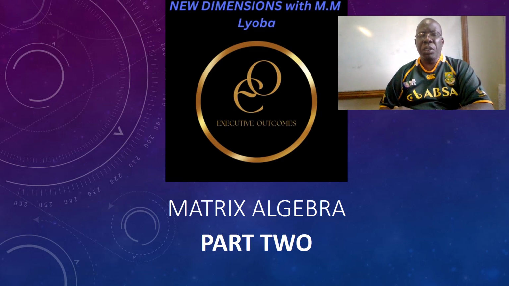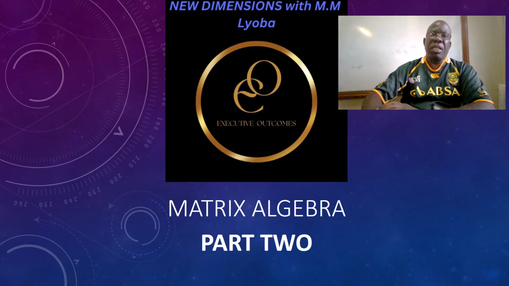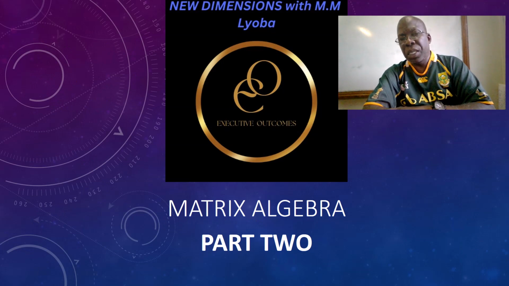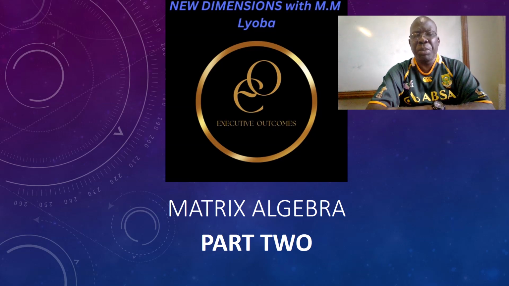I'm going to continue with matrix algebra part 2. Under this particular session, I'll look at how to come up with the determinant of a matrix, both a 2 by 2 matrix and a 3 by 3 matrix.